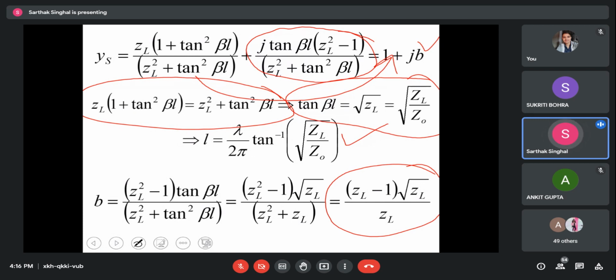Kindly try to solve this equation. Are you able to get these values or not?